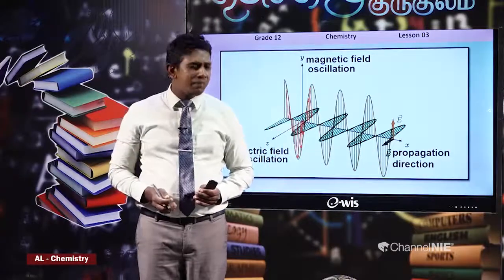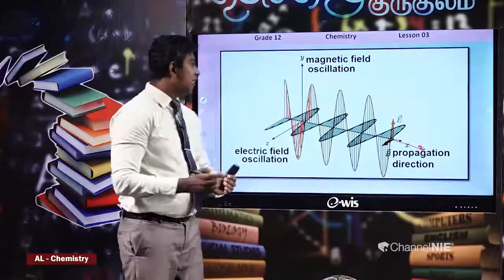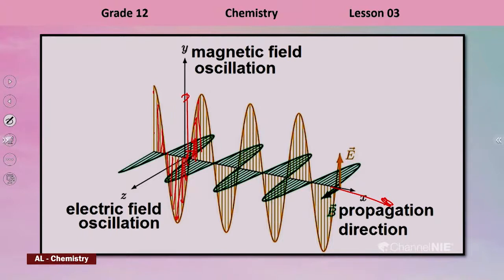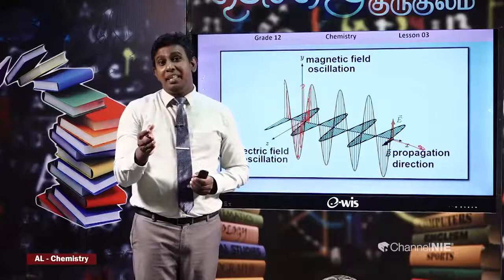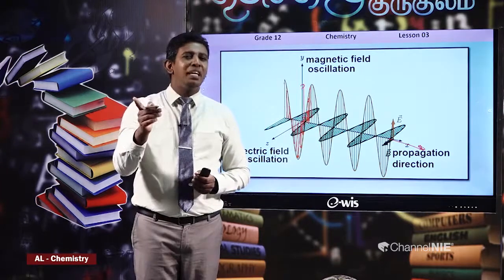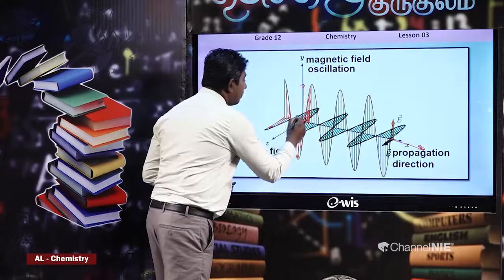In which direction? If this is the traveling direction, students, it's in the direction perpendicular, at a 90-degree angle, to the traveling direction. You have an oscillating magnetic field there. Then further, there is an electric field as well. That also would be oscillating, meaning changing its field strength.